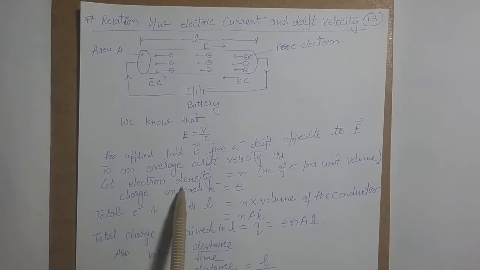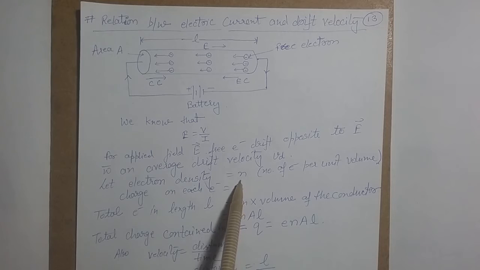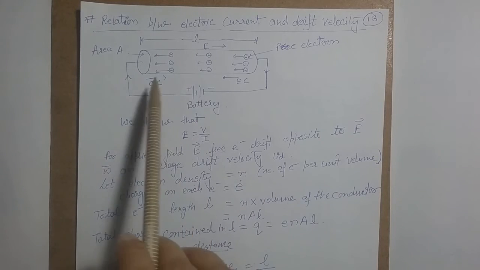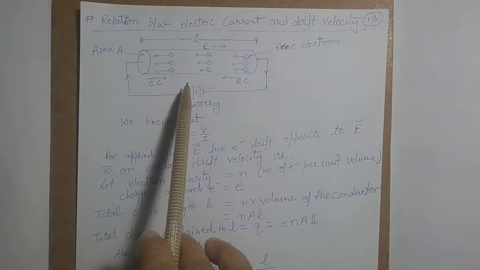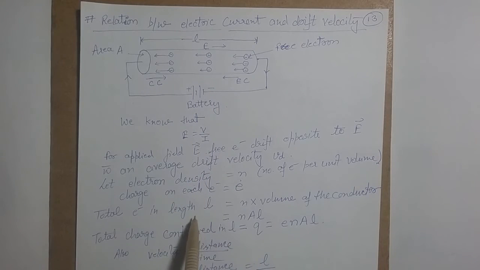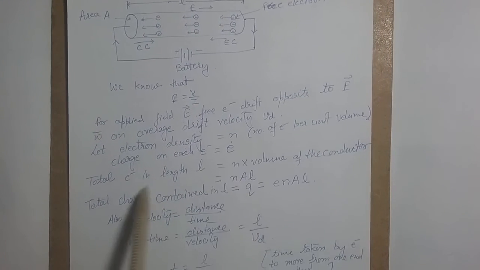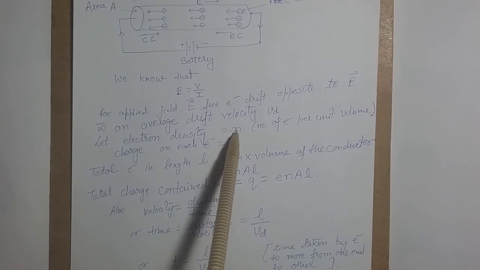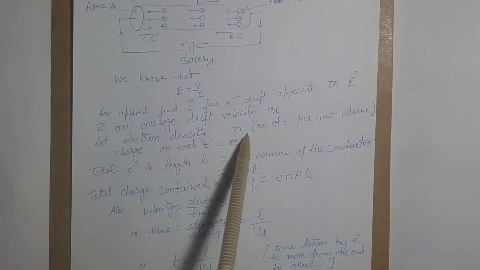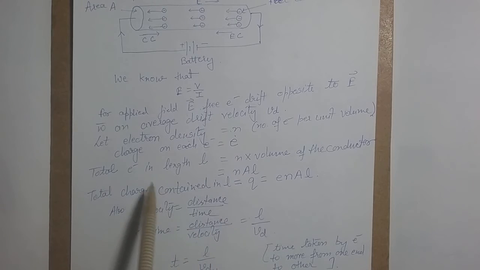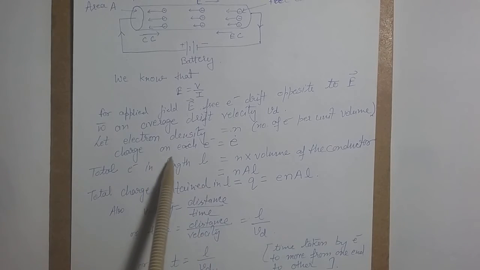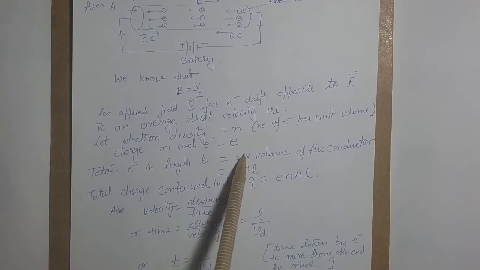Now the electron density is n, small n, that is the number of electrons per unit volume for a given conductor. So the total number N of electrons flowing through this conductor is n equal to capital N upon V, where V is A L, and we will use that term further. The charge on each electron will be e.